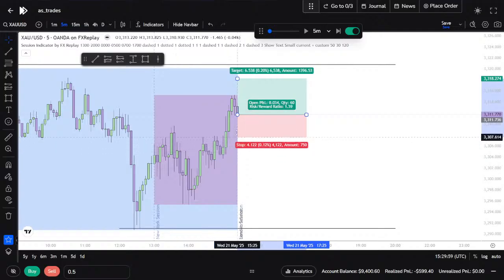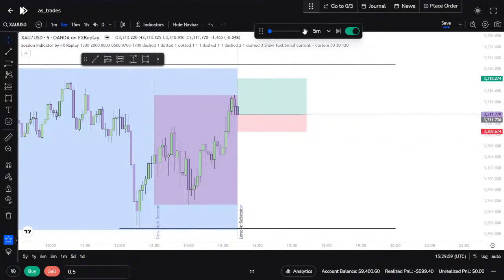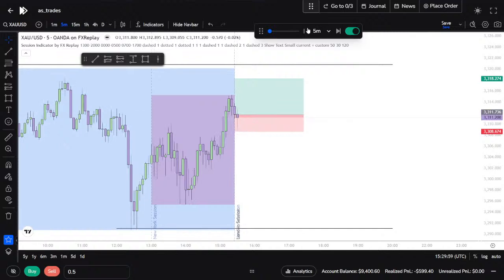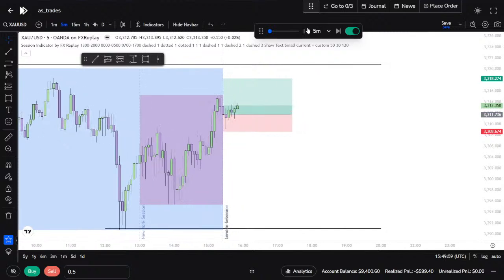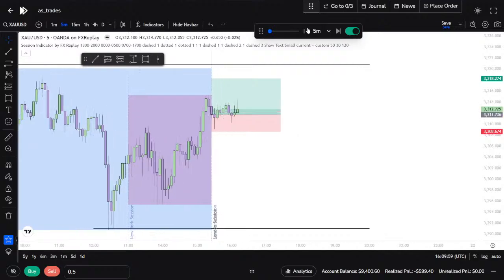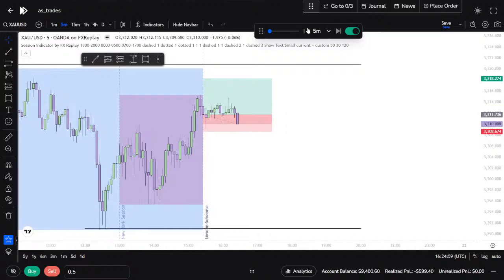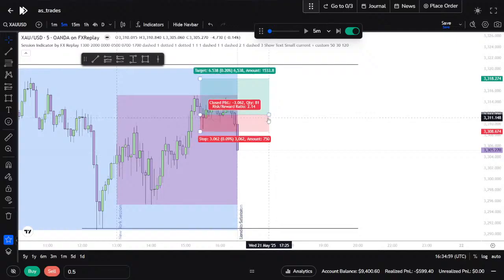There's no fair value gaps here, but you could put it here, here. Now I wouldn't take this, but it's consolidating now anyway. Yeah, there you go. Hence why.